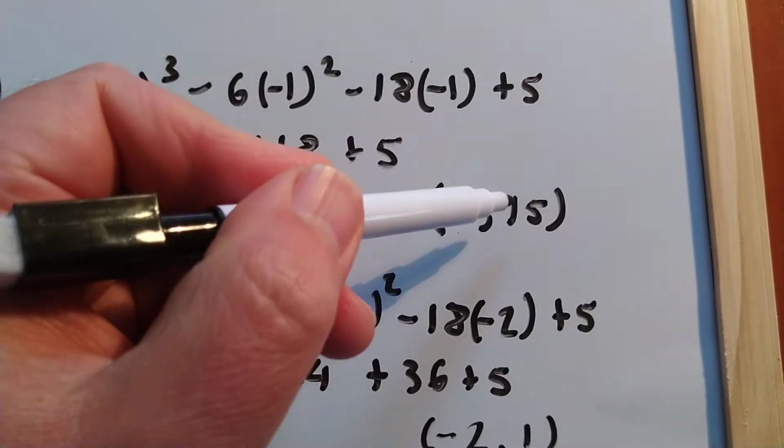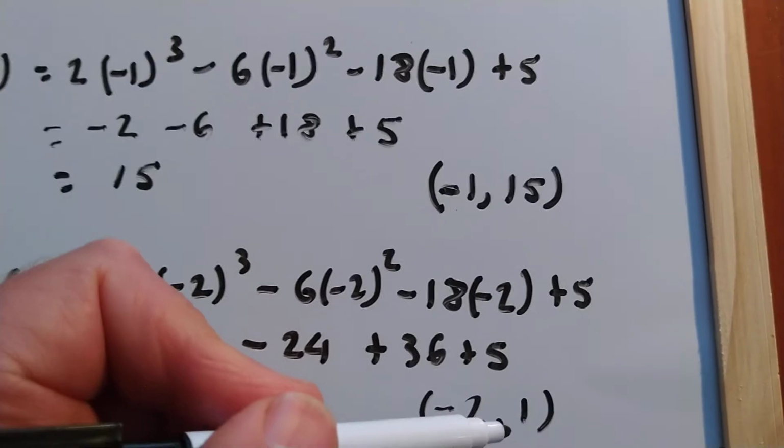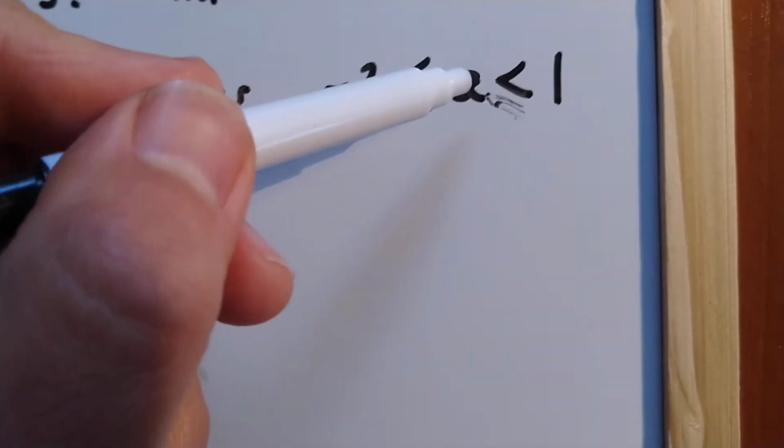So far, my maximum value is 15, minimum value is 1. But things can change again, because I have the other endpoint to consider, x less than or equal to 1.